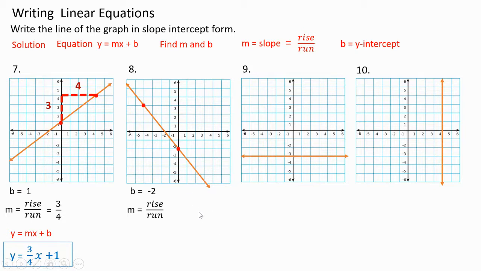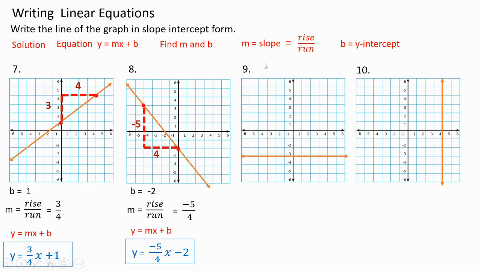So from this point, it goes down 1, 2, 3, 4, 5, and then it goes 1, 2, 3, 4. So this will be -5 over 4. That's my slope. So I found my b, I found my m. Plug them in, and you got your equation. My m is -5/4, and my b is -2. So that's the equation for number 8.